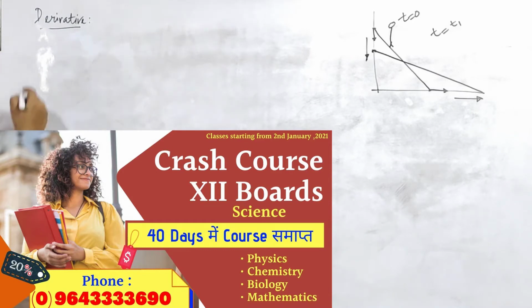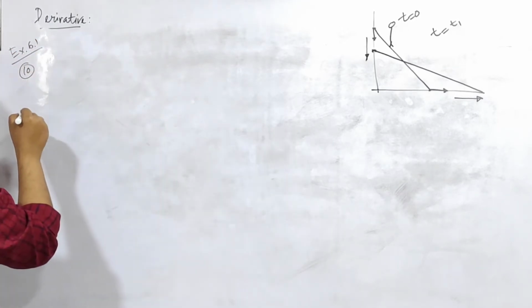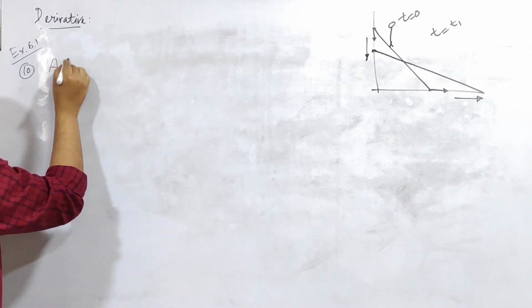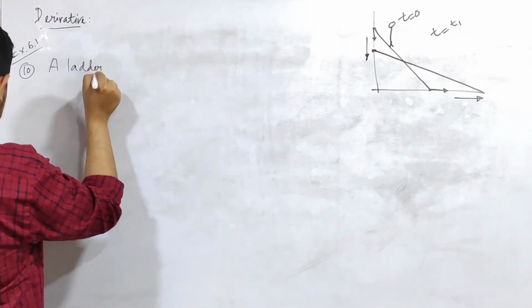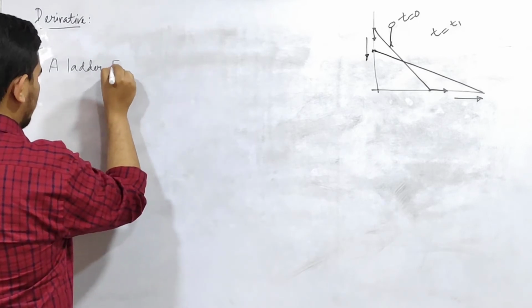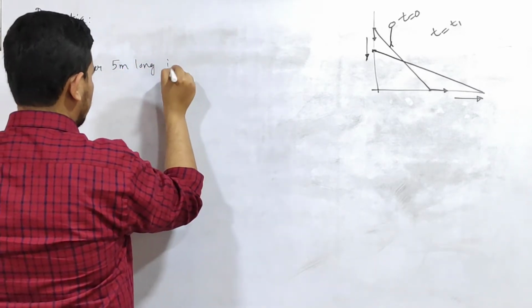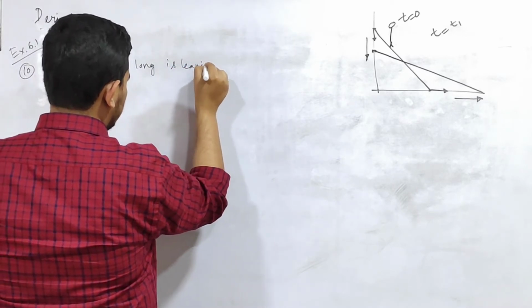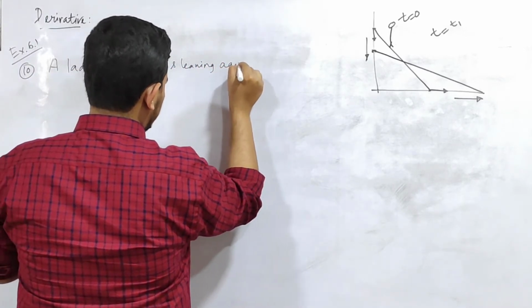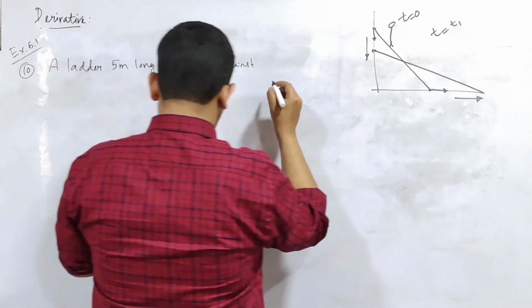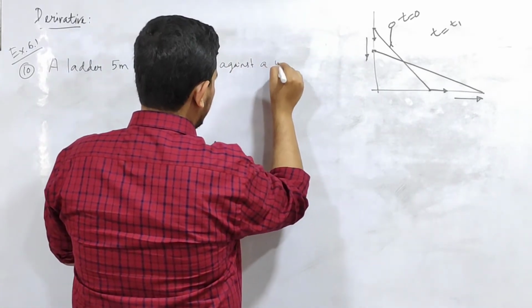The problem is from exercise 6.1, and the problem number is 10. This is a very excellent problem. A ladder 5 meter long is leaning against a wall.